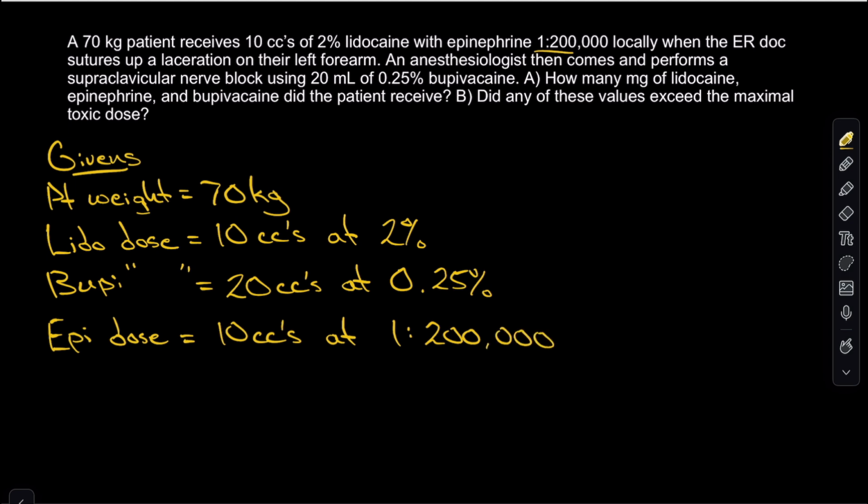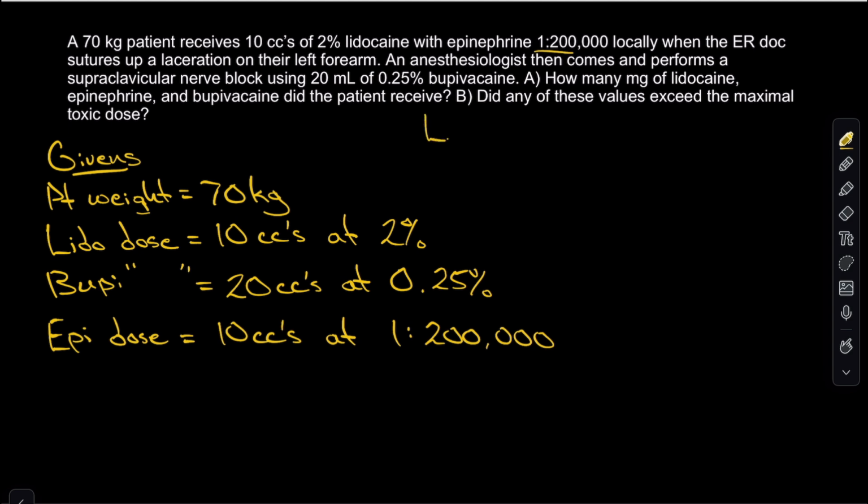So for local anesthetics, the trick, I'm sure that you've heard this at some point, is move the decimal place one place to the right, and then that's going to give you the number of milligrams per cc.